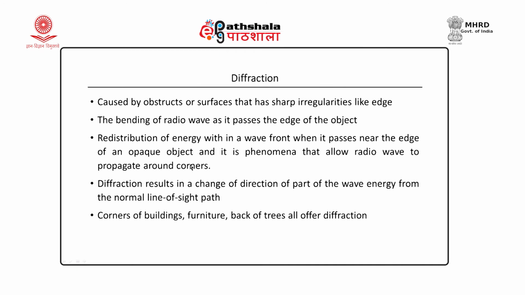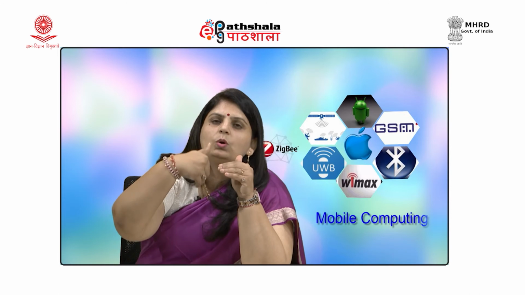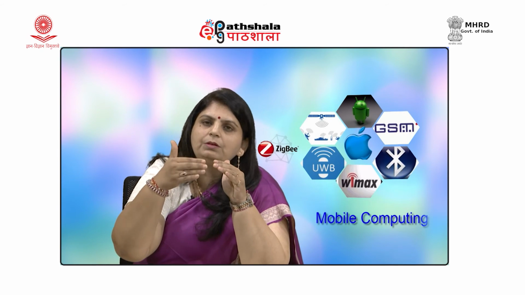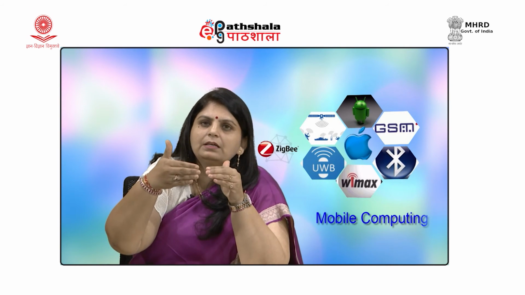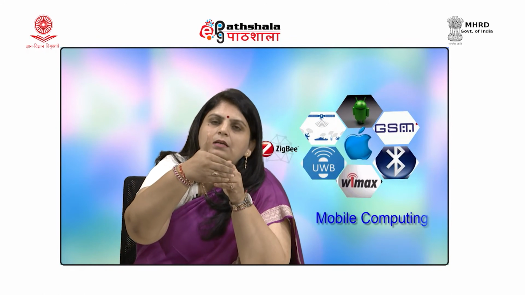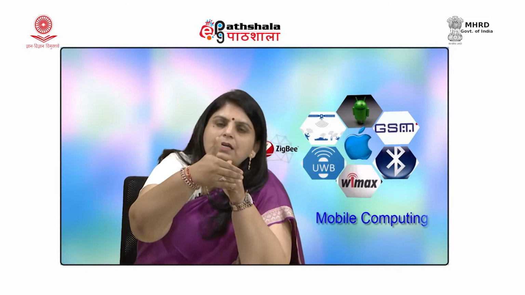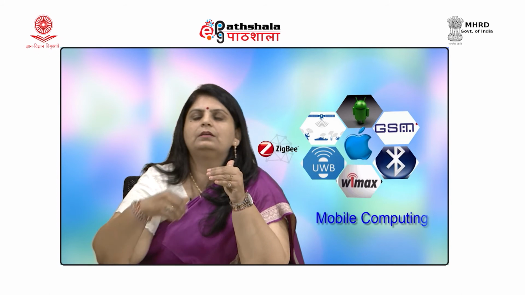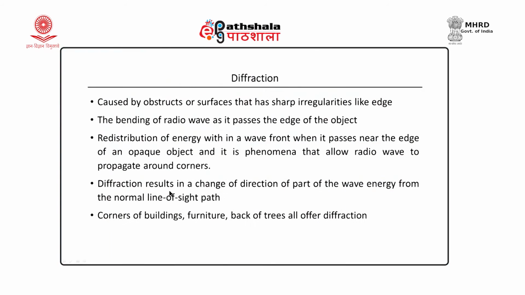So, when the wave reaches a building and has to get across it, it will be diffracted by the edge of the building, it will simply get bent, and then it will turn and go to the receiver.